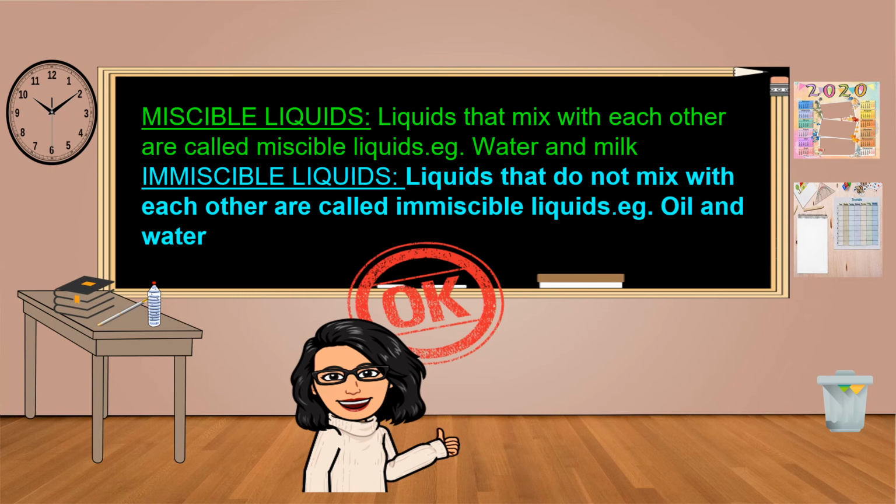As they don't get mixed with each other, they form two different layers, and by this process called decantation we can separate them. And miscible liquids are those liquids which easily get mixed with each other, like water and milk, water and tea, water and coffee. Once we add water into all these mixtures, we cannot separate them.